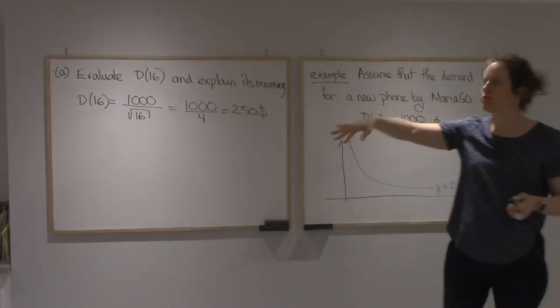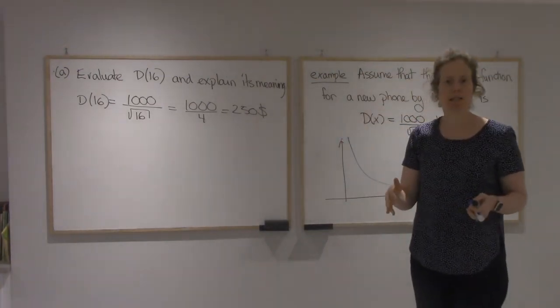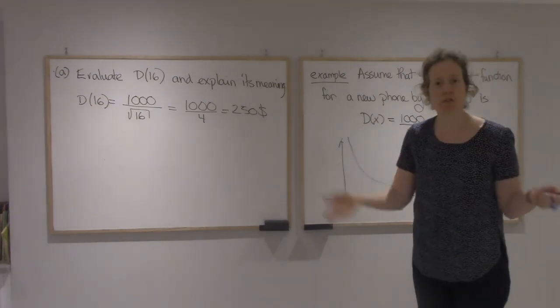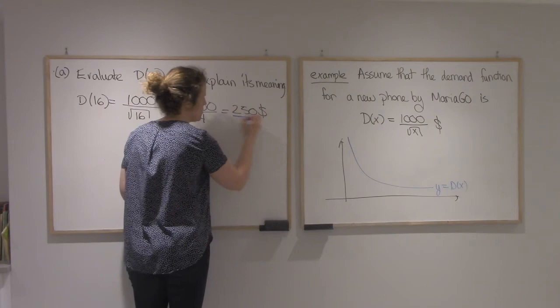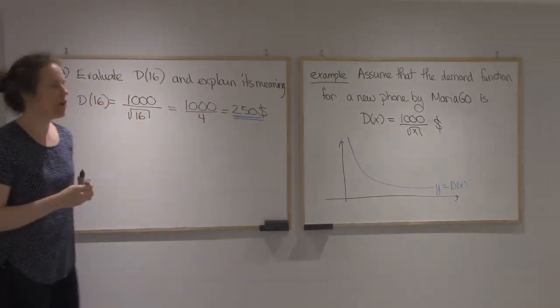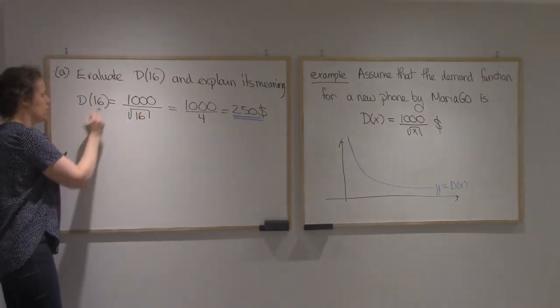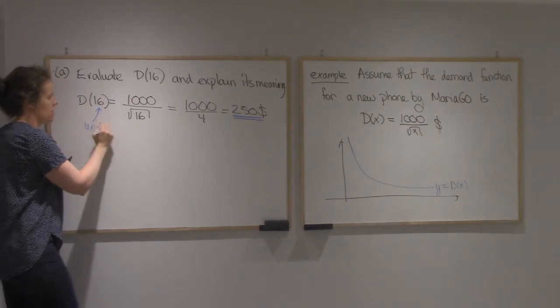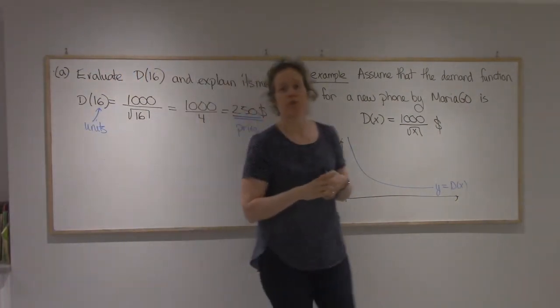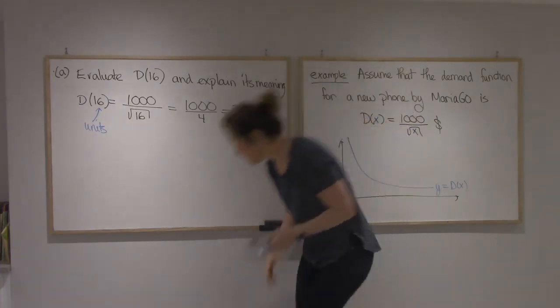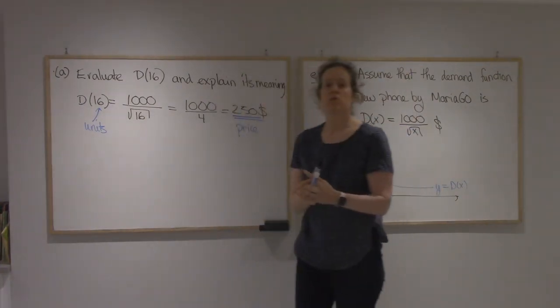So remember, D of x we said was the price at which x units would be sold. So this tells you that at a price of $250, 16 phones would be sold.